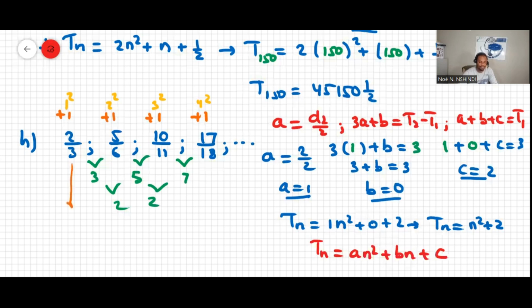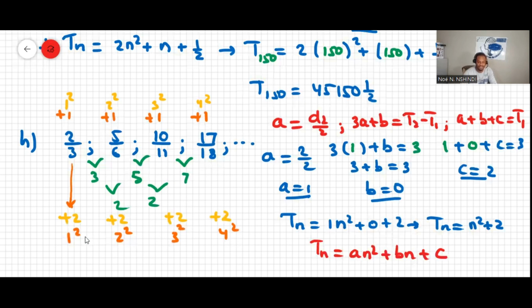The square numbers we know are 1 squared, 2 squared, 3 squared, and 4 squared. Now if I have 1, to get 3 there, I need to add 2. To get 6, I must add 2. To get 11, I must add 2. There also 2. So 1 squared plus 2 is 3, 2 squared plus 2 is 6, 3 squared plus 2 is 11, 4 squared plus 2 is 18. We could also do the same thing like that.